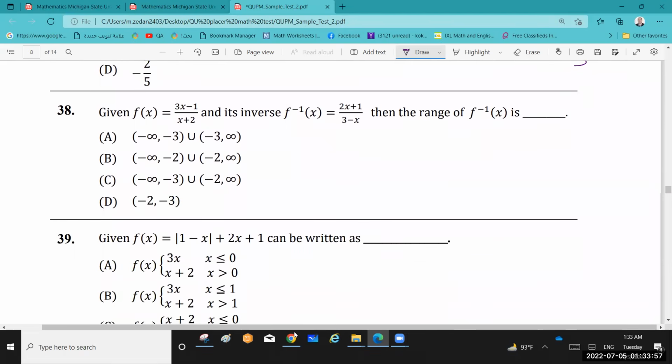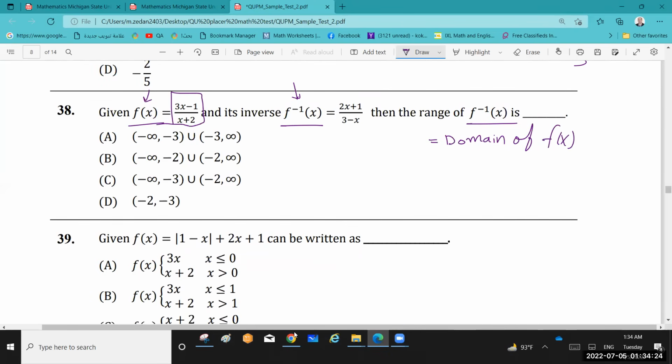Given f of x equals 3x minus 1 over x plus 2 and its inverse, what is the range of the inverse? For any function and its inverse, the range of one of them is the domain of the other one. So the range of f inverse equals the domain of f. Go to f now, this function. What's the domain of this one?